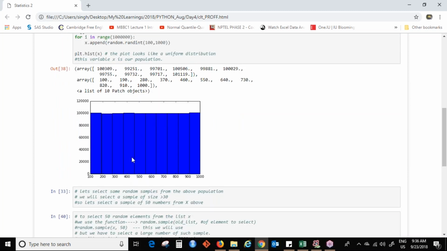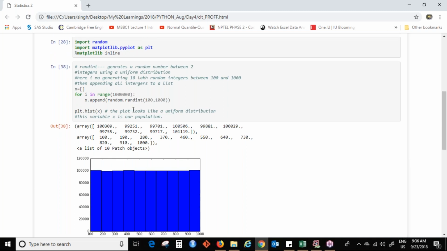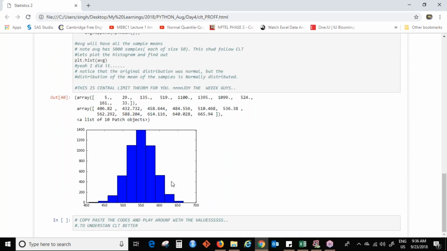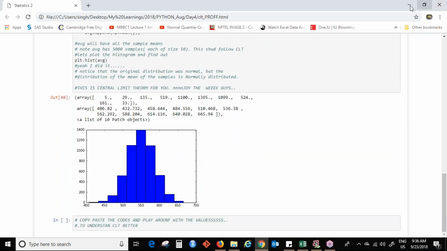Instead of using randint, which basically gives you integers from a uniform distribution, if you give any other distribution or create your own data here, even then this would look the same. You can try different combinations and you will find that it still gives you a normal distribution at the end.